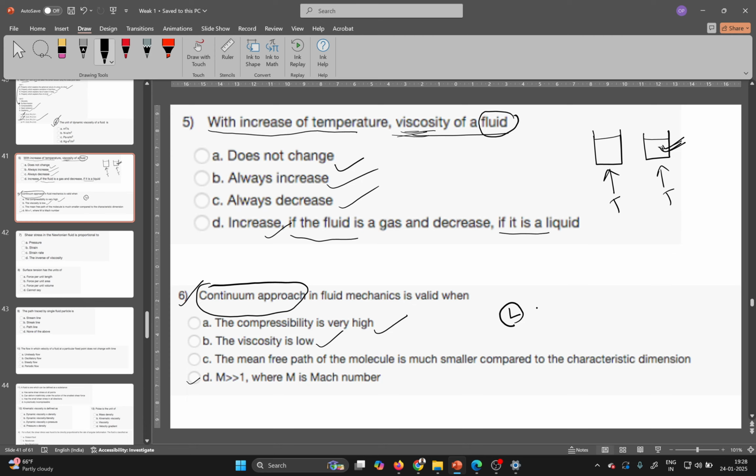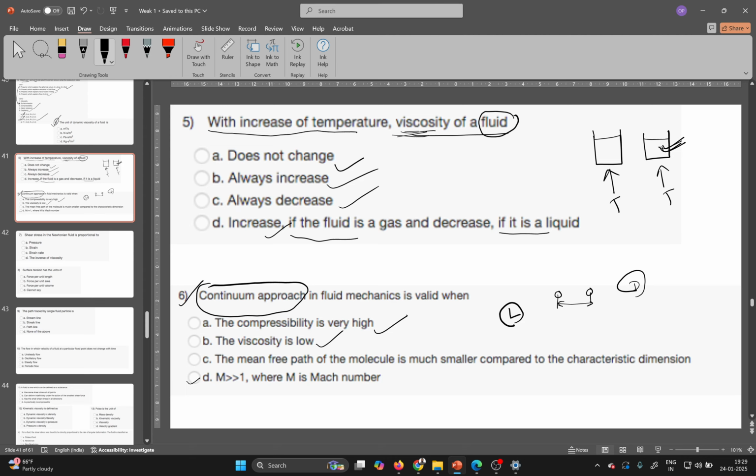Mean free path was L, and the characteristic dimension was D. Remember, please, when the mean free path of the molecule is much smaller compared to the characteristic dimension, then you can utilize the continuum approach.